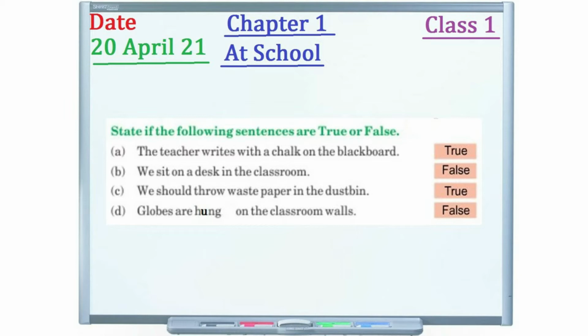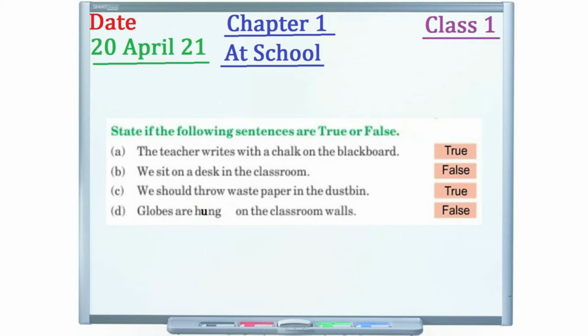How we hang globes on the wall? We hang maps, sceneries on the wall, but globes not. So, this statement is also false.